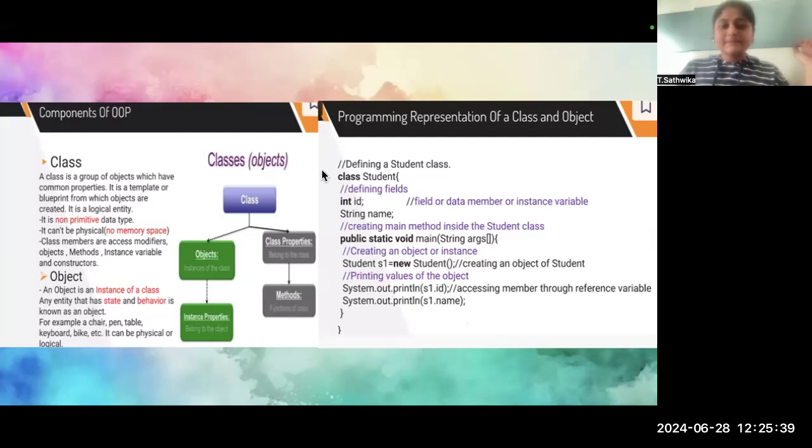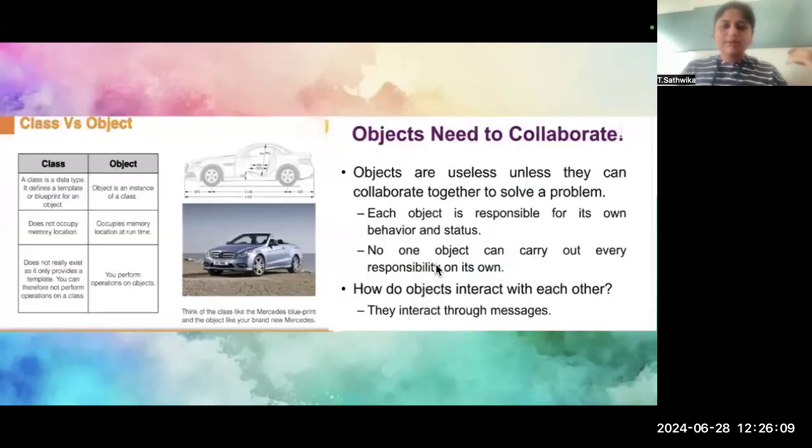Now, the programming representation of a class and object. Here we are defining a class Student. Then we have initialized ID and name. We are creating a main method inside the Student class, public static void main with a String argument. In this method, we are creating an object or instance of Student: Student s1 = new Student.